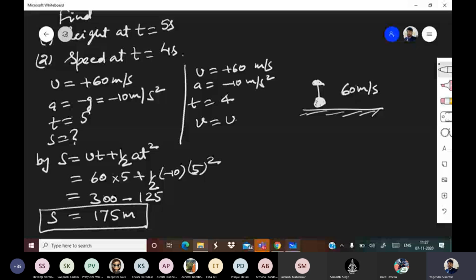T is 4 seconds. So 60 minus 40 is equal to 20 meters per second. This is the answer.